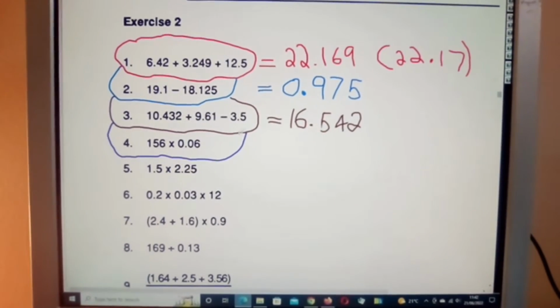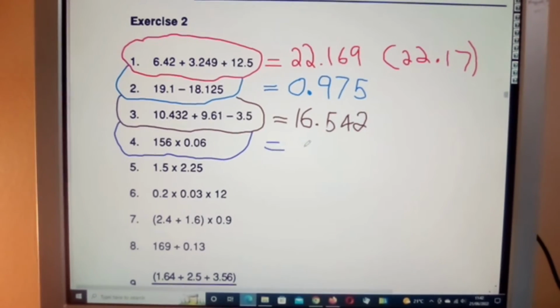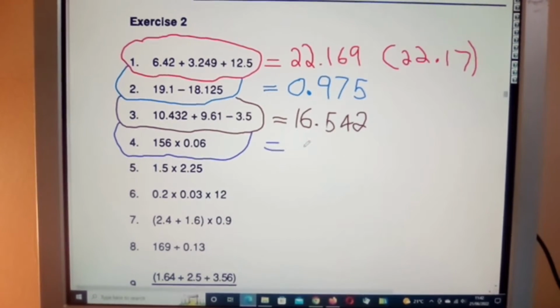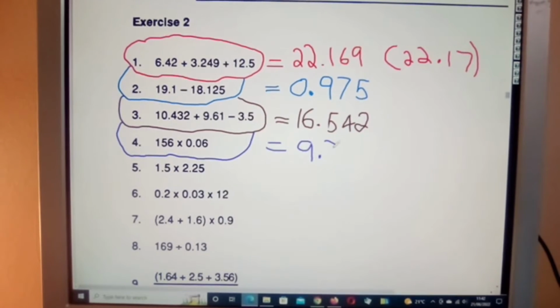That's going to equal 156 times 0.06 equals 9.36.